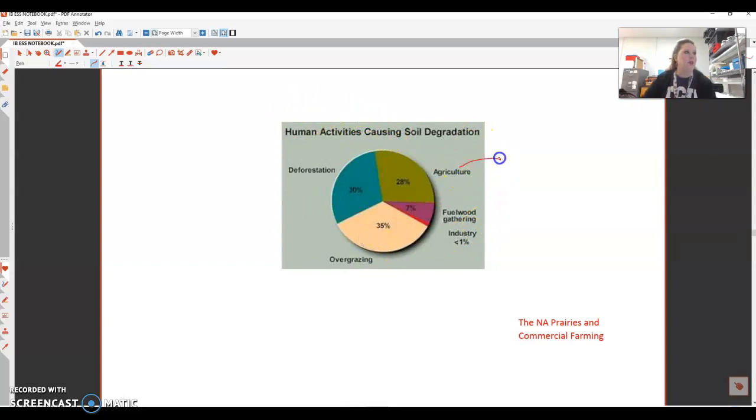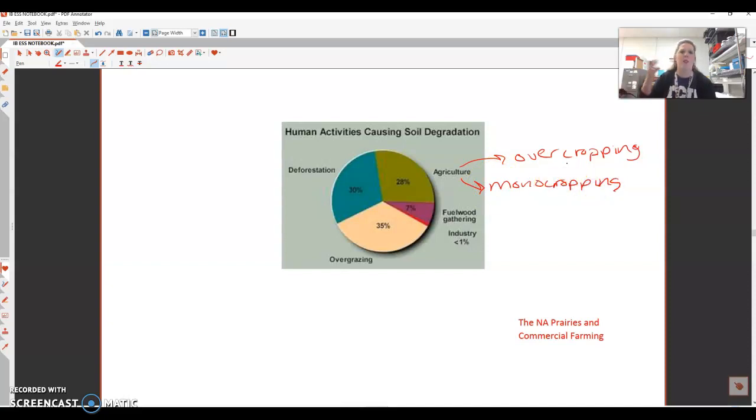So when we look at agriculture, we know that part of this is because of overcropping. So think back to history when you learned about the Dust Bowl. We'll talk a little bit about that when we get to agriculture. And also another impact is what we call monocropping. We'll talk about this in our agriculture as well.